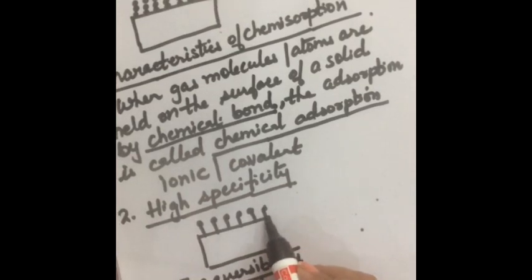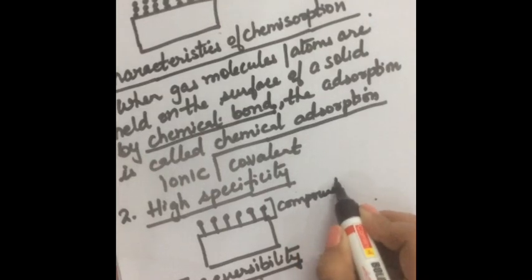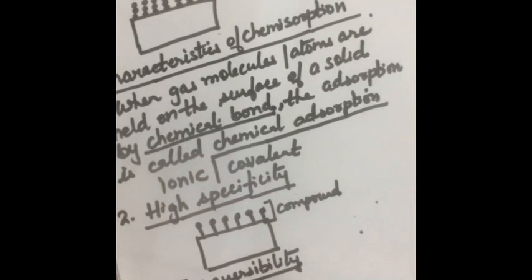Between adsorbate and adsorbent a bond is formed here, because of which there is formation of compound, and it's not easy to break this bond. That is why normally chemisorption is irreversible in nature.